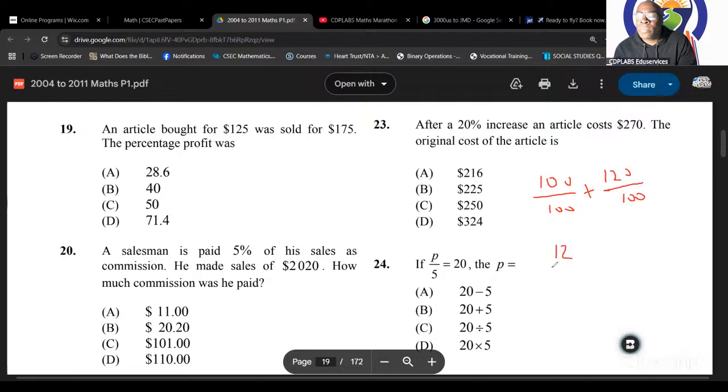I'm going to put letter A beside it, and then equal to 270. Then you do a cross multiplication, right? Good.